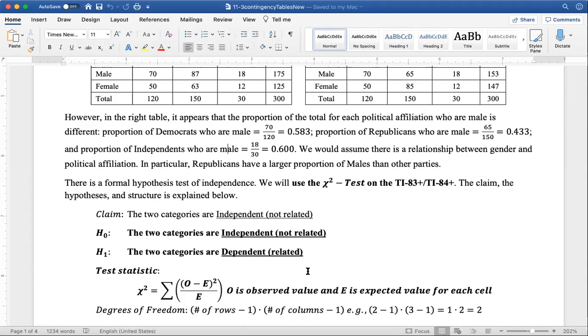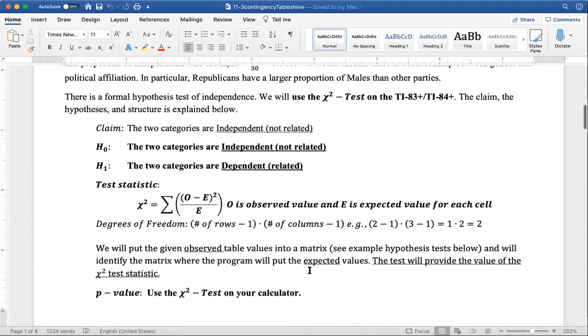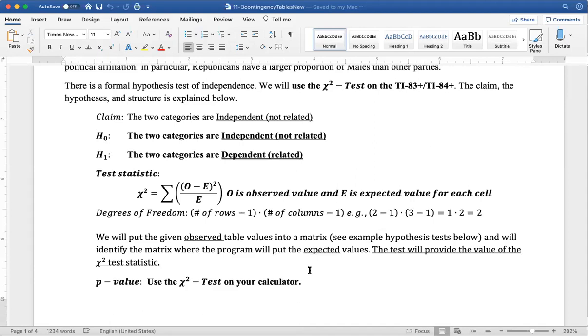Once we have that, that is our chi-squared test statistic. And this is a right-tailed test, so we will only reject if the chi-squared test statistic is large enough, farther from the mean, to the right, okay?